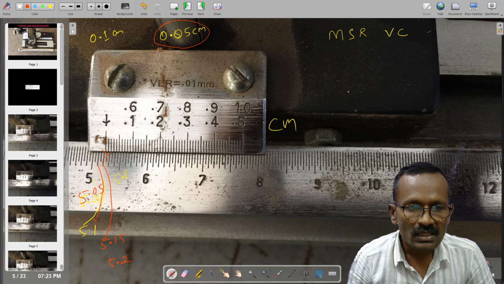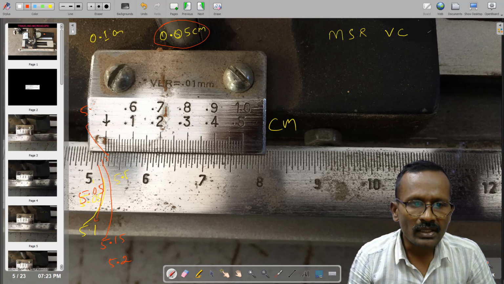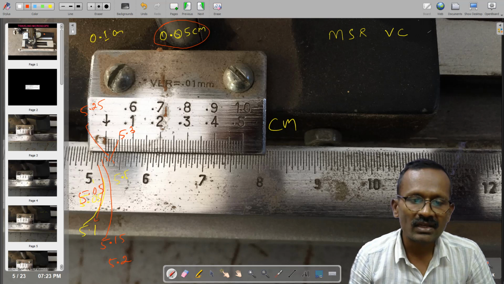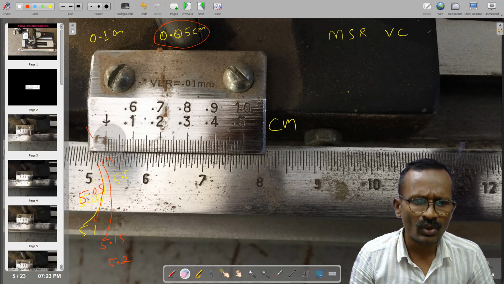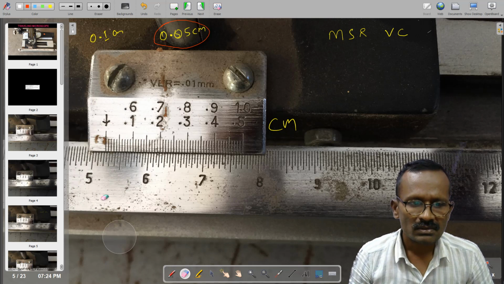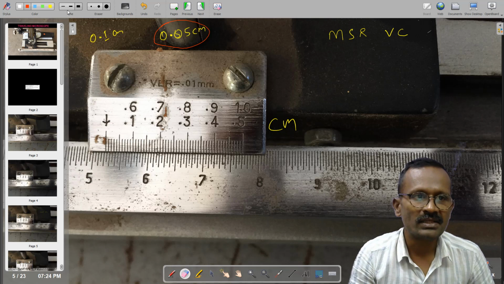This one is 5.25. What about this one? It is 5.3. This one is 5.35. It will move like this. Okay. Now you don't have any doubt over these numbers, I think.